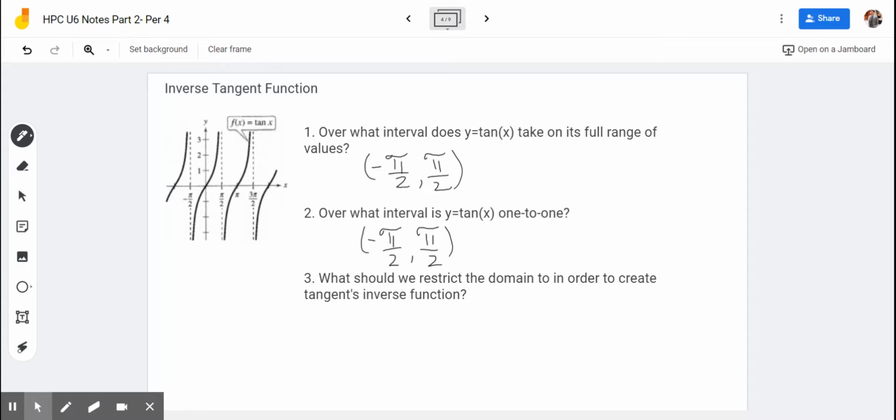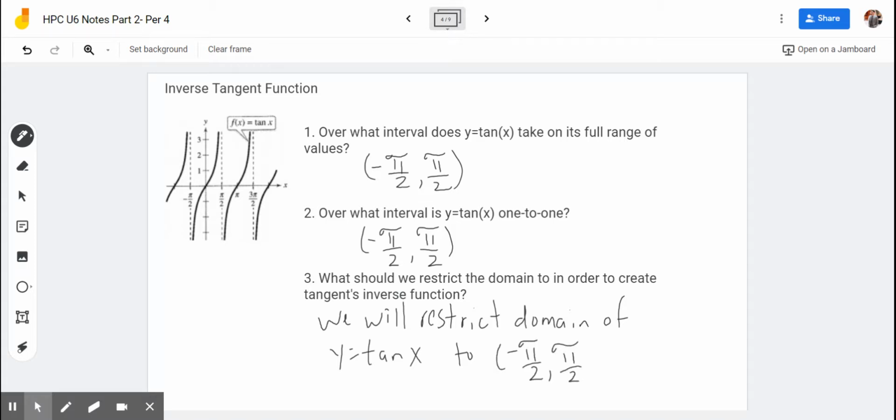Using the answers from 1 and 2, we will restrict the domain of y equals tan x to negative pi over 2 to pi over 2 as well, to create the inverse tan function.